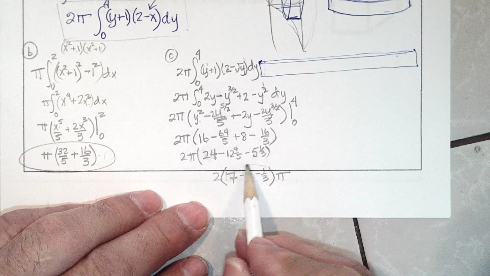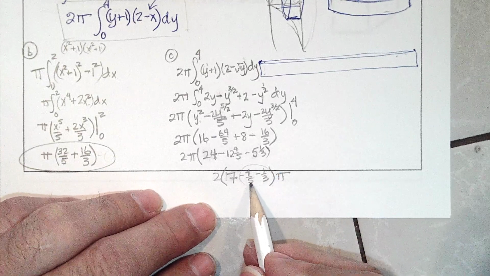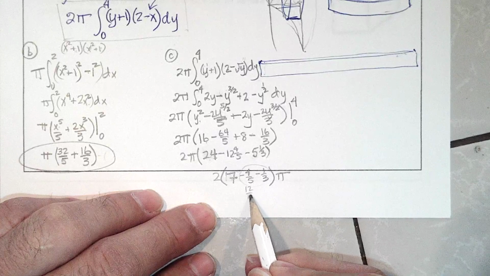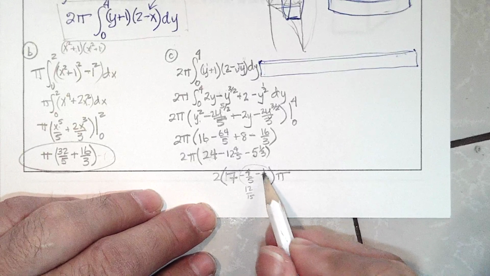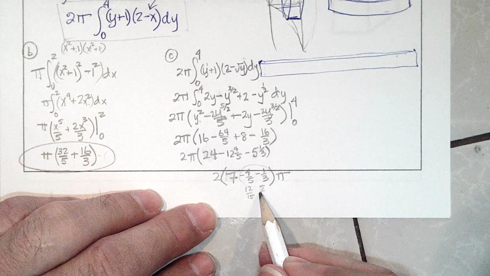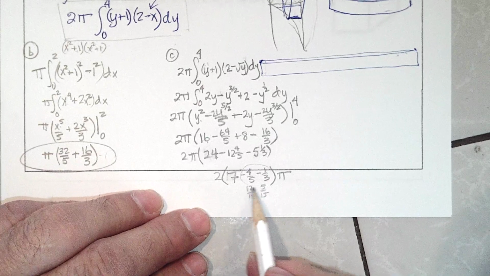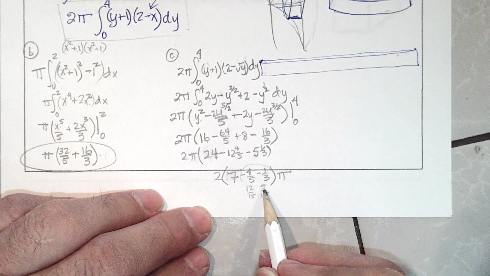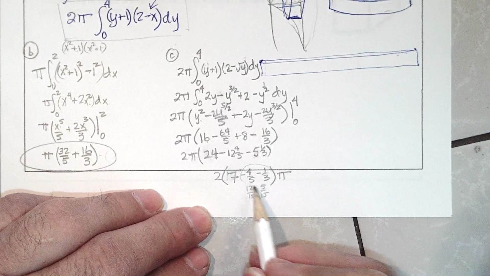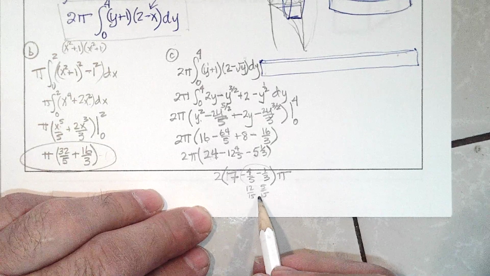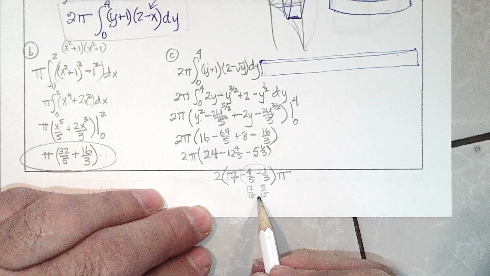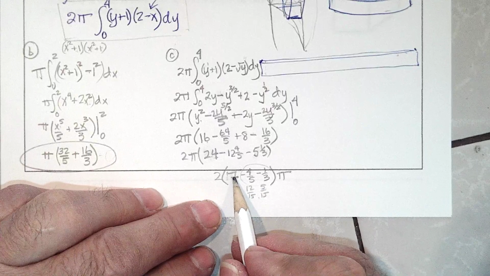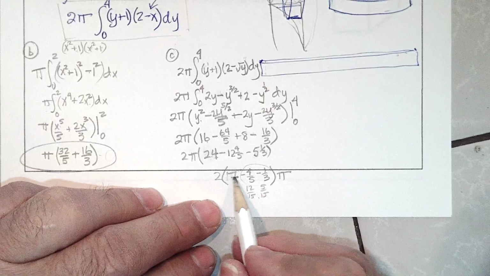Common denominator is 15ths. So this one would be 12 15ths. And this would be 5 15ths. So that's minus 7 15ths. Minus 17 15ths, or minus 1 and 2 15ths. If I take 1 off of this, I get 6.